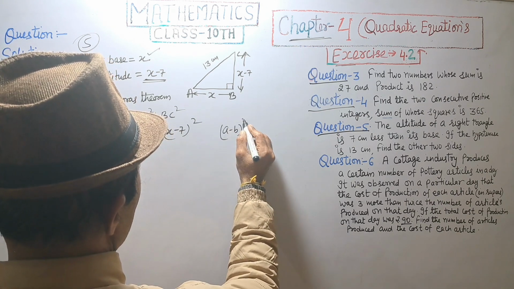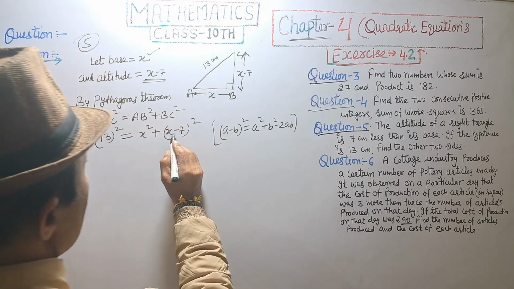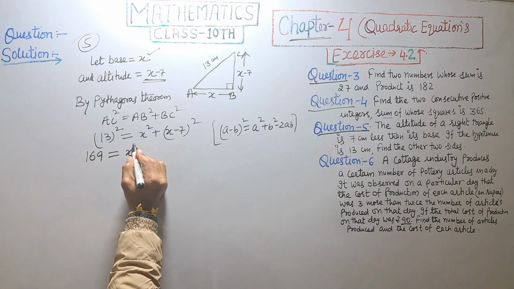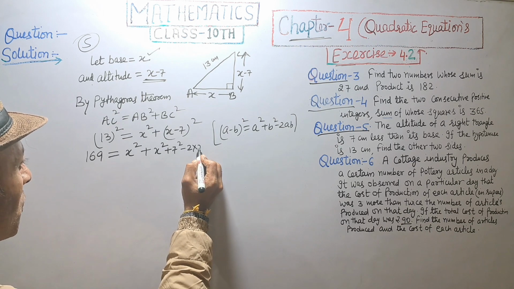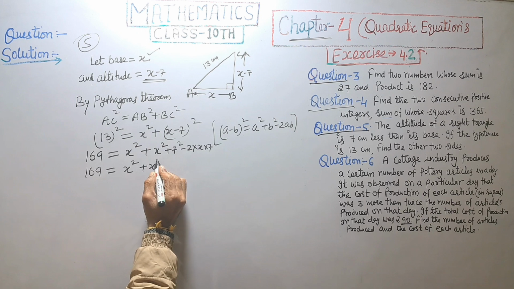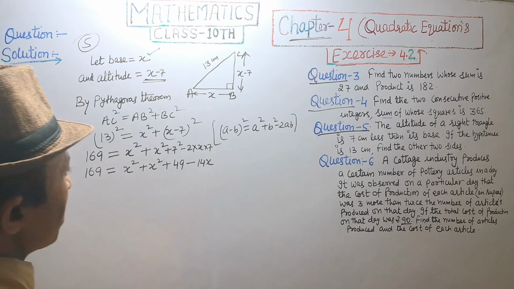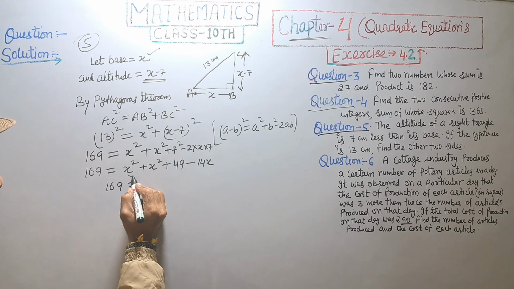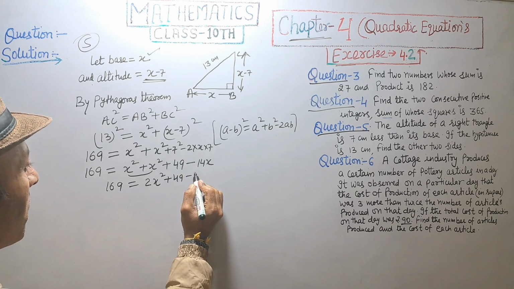As (a minus b) squared is equal to a squared plus b squared minus 2ab, 13 squared is 169 and we get x squared plus 49 minus 2 into x into 7, that is 14x. So 169 equals 2x squared plus 49 minus 14x.